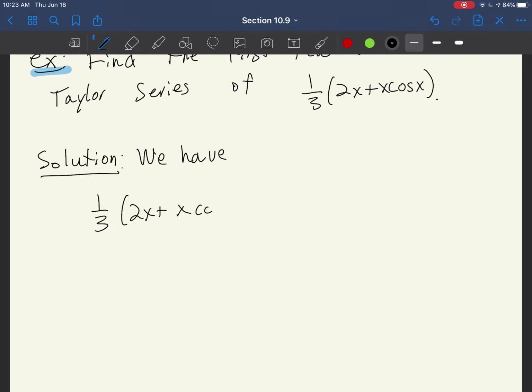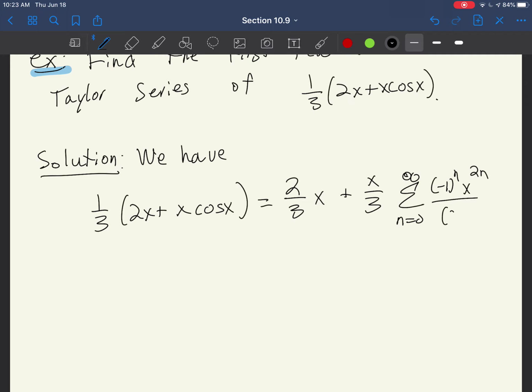So we have 1/3 times 2x plus x cosine x is 2/3 x plus x over 3 times the Taylor series for cosine x.